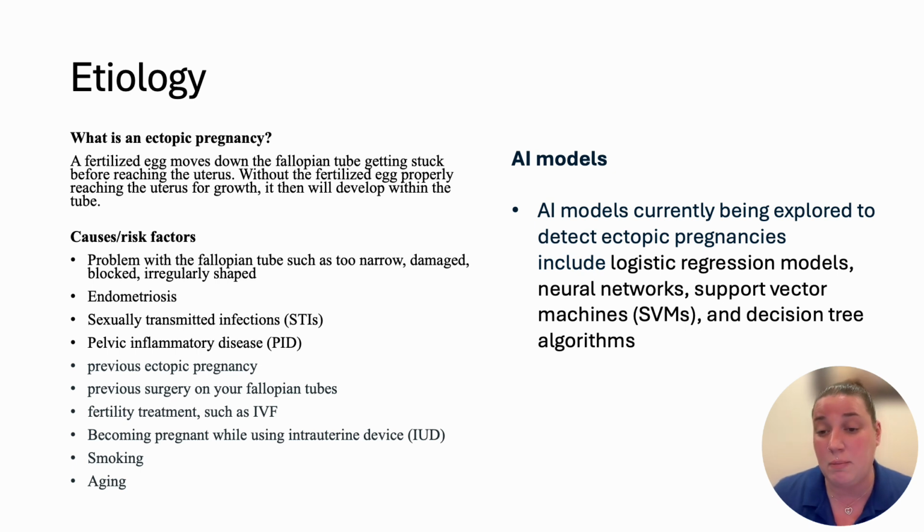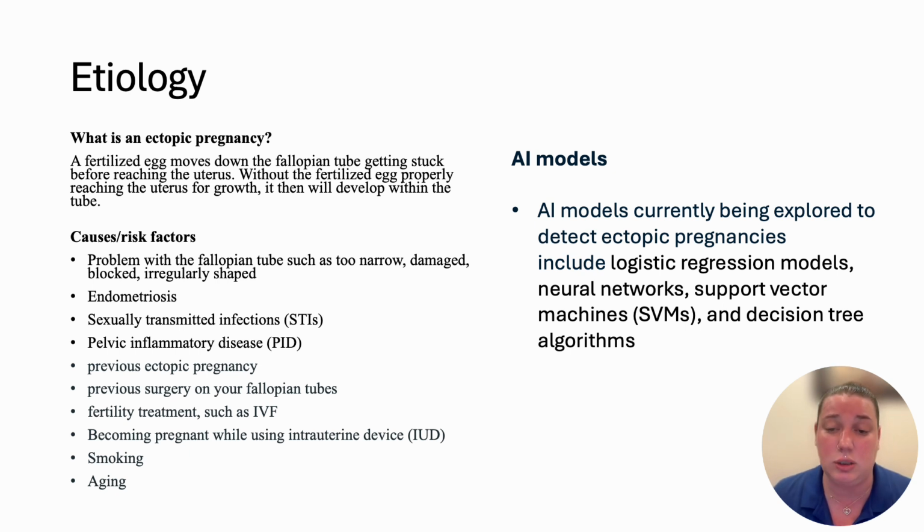STIs like chlamydia, which also leads to pelvic inflammatory disease, is also another risk for ectopic pregnancies, because when something like chlamydia goes undetected, it can cause pelvic inflammatory disease, which is an infection within the female reproductive system.